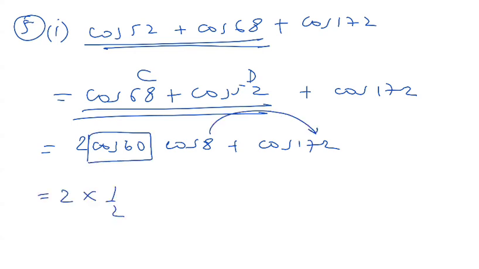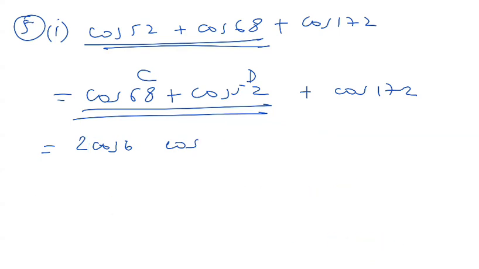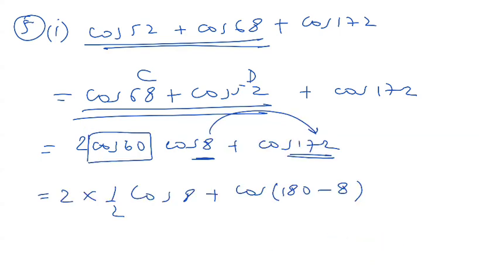Now 8 and 172, the total is 180. Okay. So I'll write this 172 as 180 minus 8. Okay. Don't write this 8 as 180 minus 172, because mathematically this is right, but then 172 is more than 90. Okay. So take the greater angle and just subtract from the other angle.